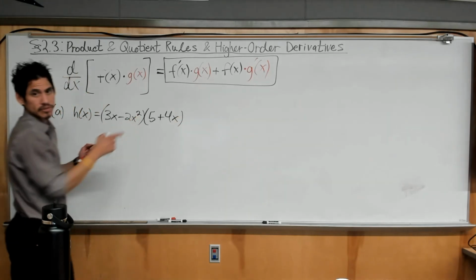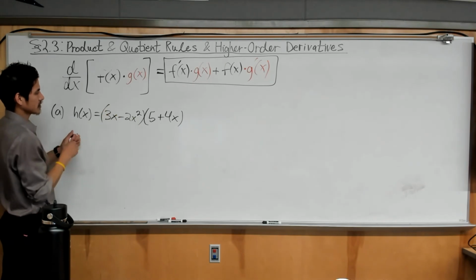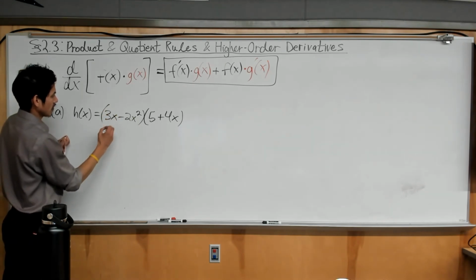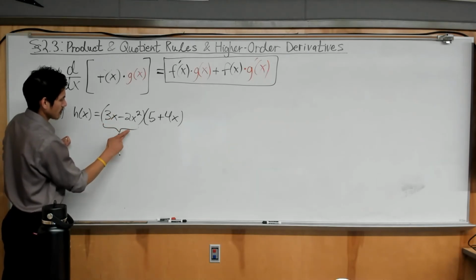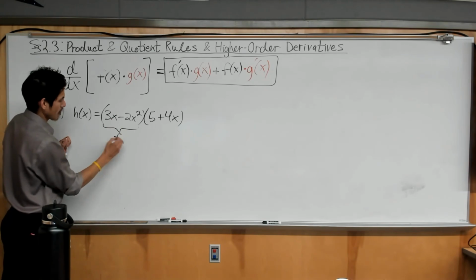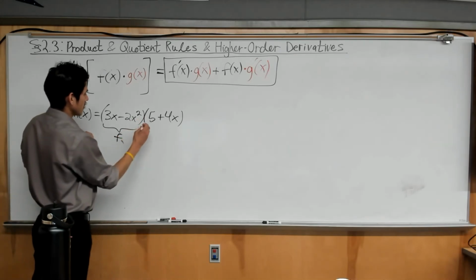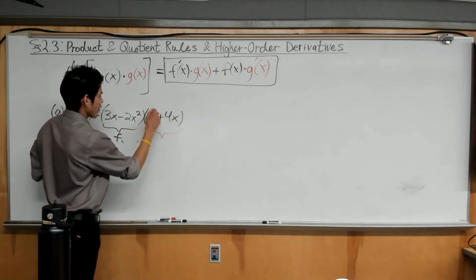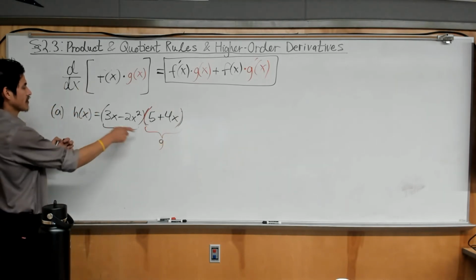So let's have that be a 2 instead of a 3. So this will be our f of x, and then this is our g. So we have f times g.